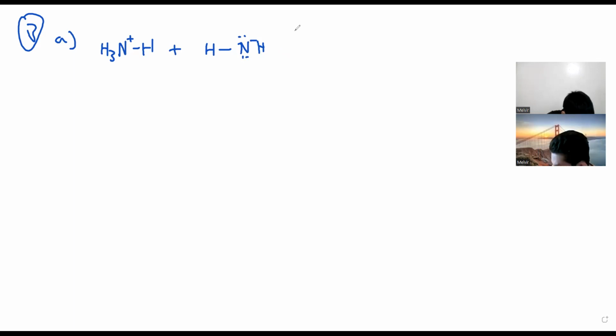So what will happen now? Label first which one is your acid or base, so that you can decide for your electrophile and nucleophile.